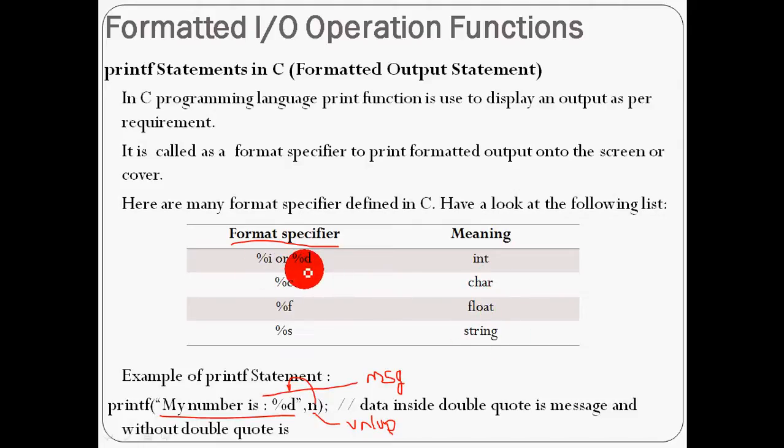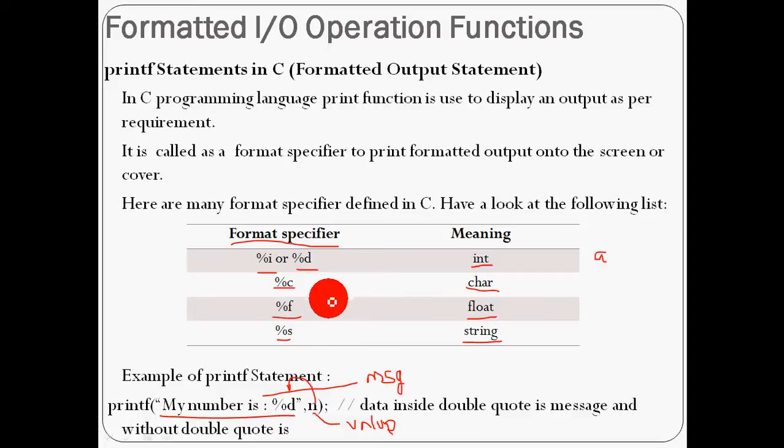Then %d or %i is used for integer, %c is used for character, %f is used for float, and %s is used for string. If I consider one variable, a, declared as an integer, and I want to print the value of a in the printf statement, then I can use %d or %i.